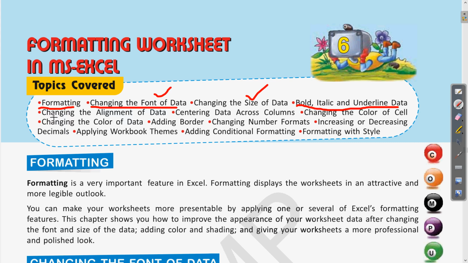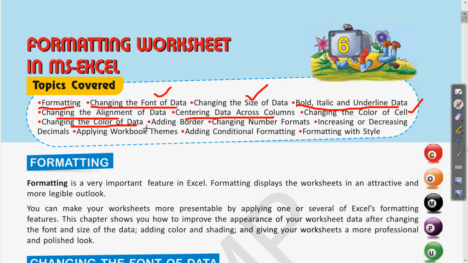Then if you want to change the alignment of data, then if you want to center the data across the column, changing the color of the cell, clear. Then changing the color of the data, so the color can be changed for the cell in which the data is written, and if you want to change the color of the data, the text or the number which you have written, that can also be changed, clear. Next is adding border.